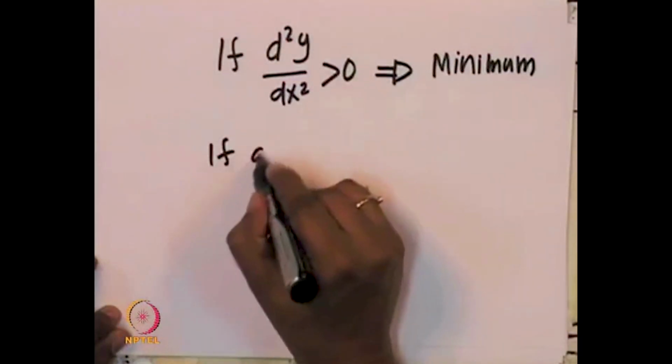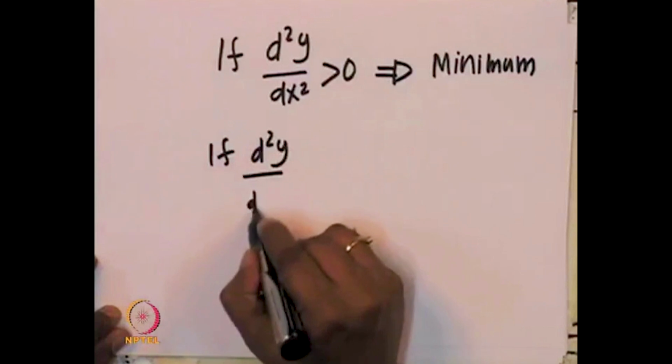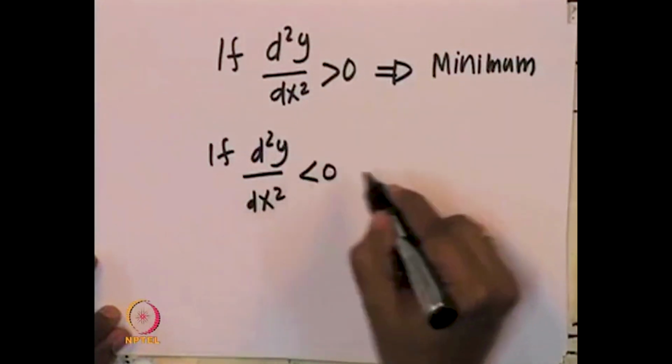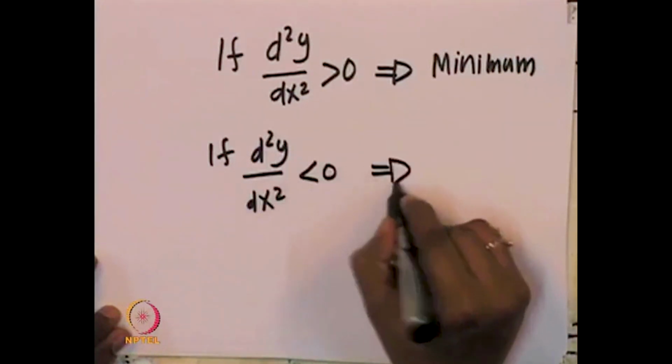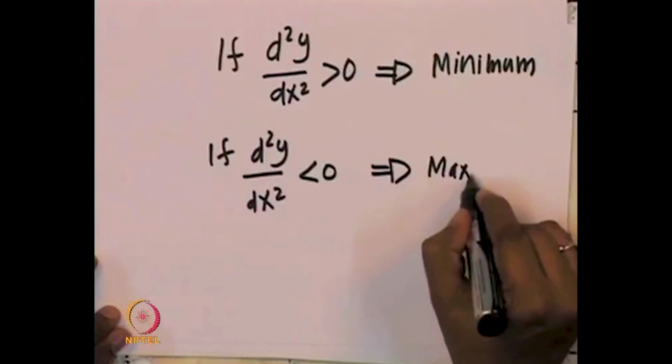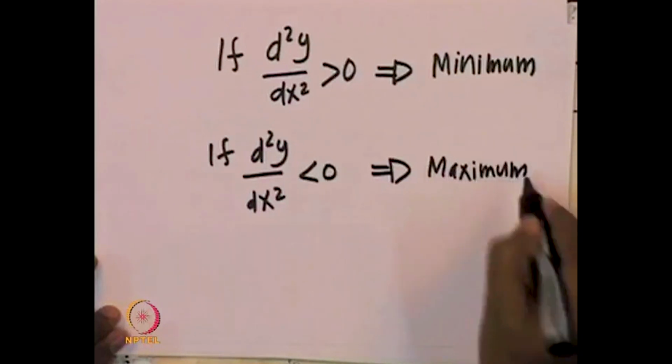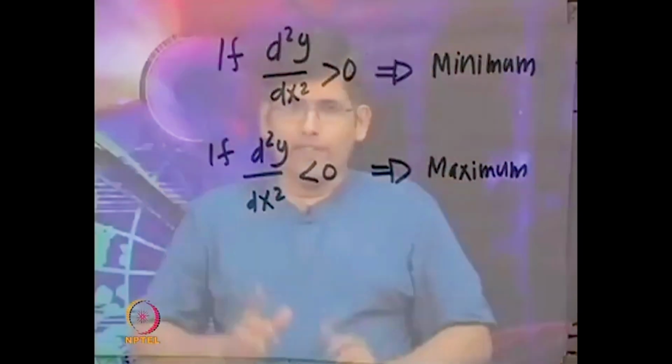If d square y by dx square is less than 0, that implies it's a maximum. So this is what we learned. Find the first derivative equal to 0, get the extrema, find the second derivative and evaluate it, and by looking at whether it is positive or negative, you get to know whether it is a maximum or minimum.